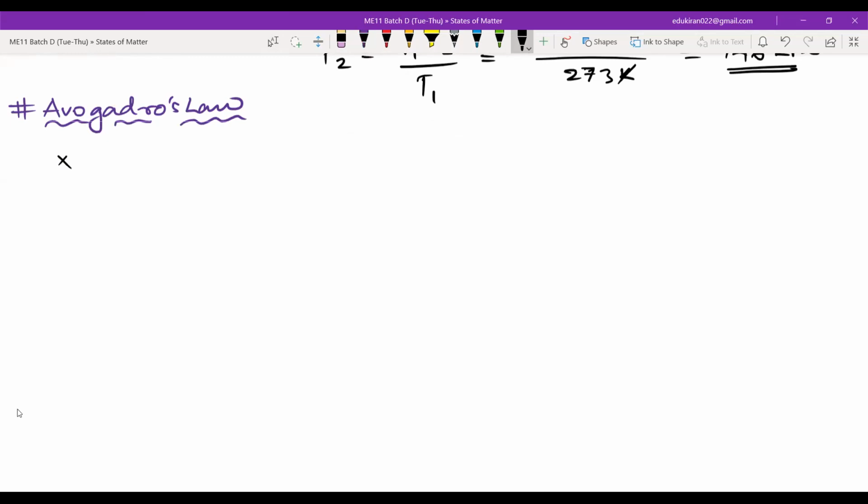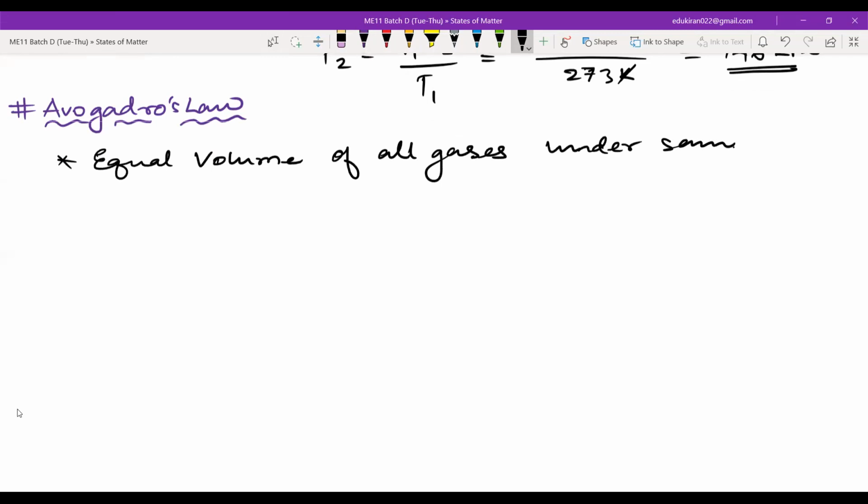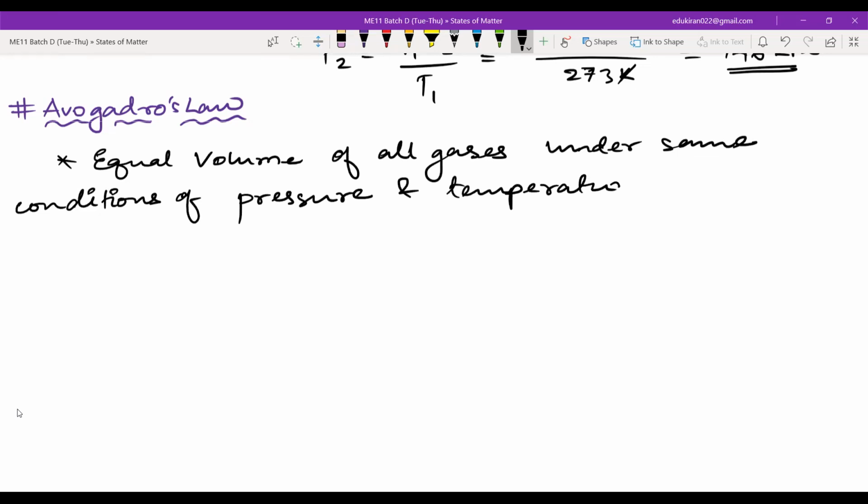Write the statement. Equal volumes of all gases under the same conditions of pressure and temperature contain equal moles of gas.